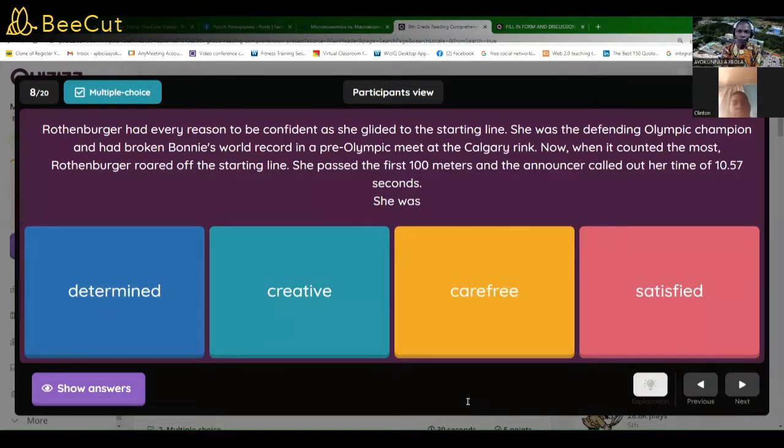Now, when it counted most, Rothenberger roared off the starting line. She passed the first 100 meters, and the announcer called out a time of 10.57 seconds. So she was determined. Because she was determined, she rushed to the starting line when the race was about to begin.